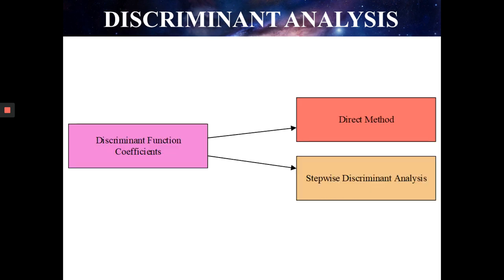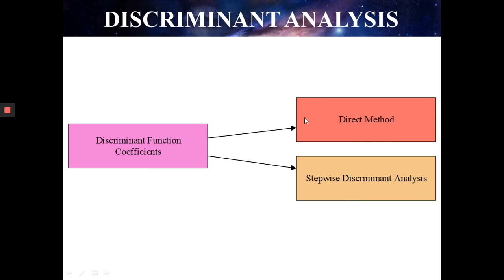Okay, so we're going to go with the discriminant function coefficients, the direct method, and stepwise discriminant analysis. Once the analysis sample has been identified, we can estimate the discriminant function coefficients. Two approaches are available.